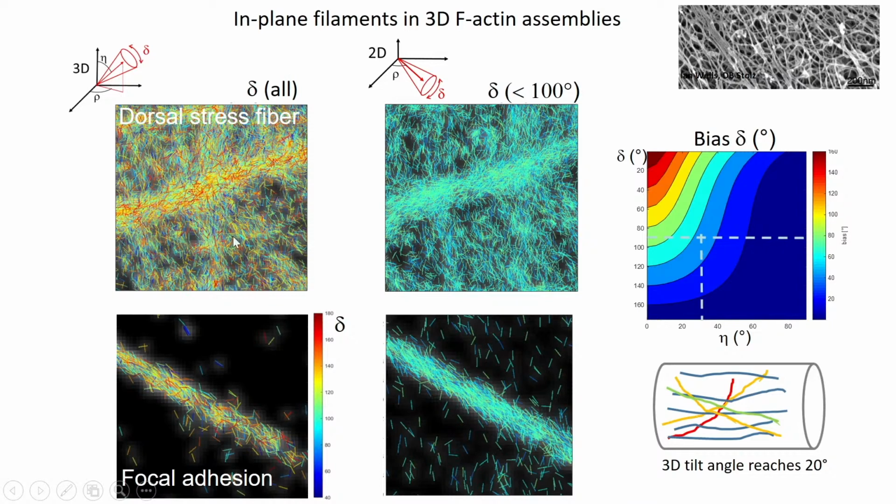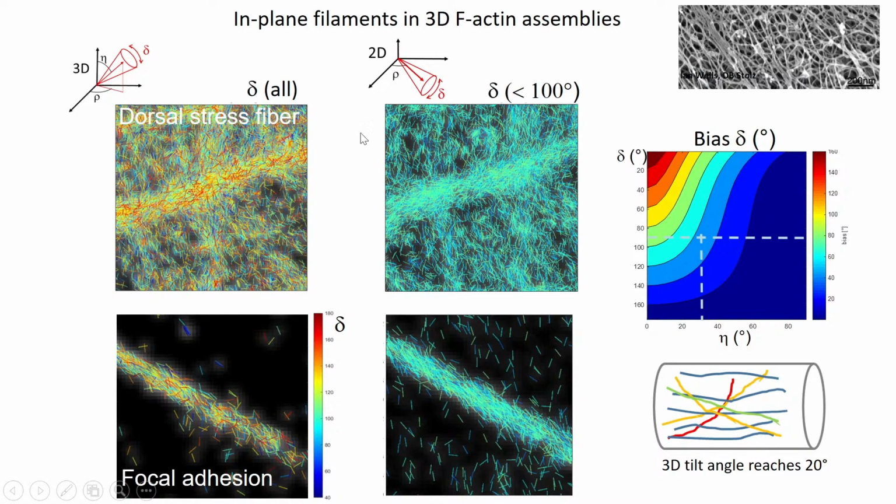So a way to only look at molecules that are in plane is by providing a further filter on these molecules, looking, for instance, at delta values that are only small ones, lower than 100 degrees. And doing that, the orientations of these single molecules become more parallel to the observed fiber.